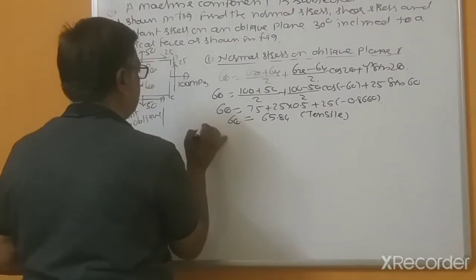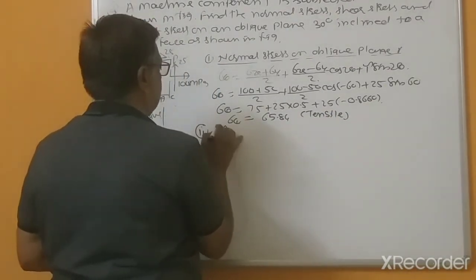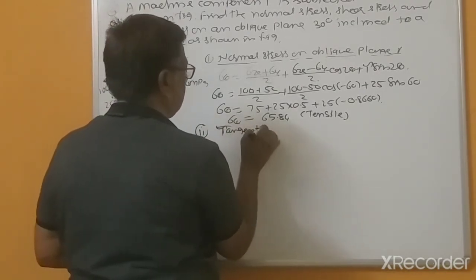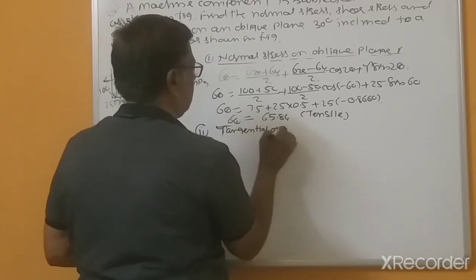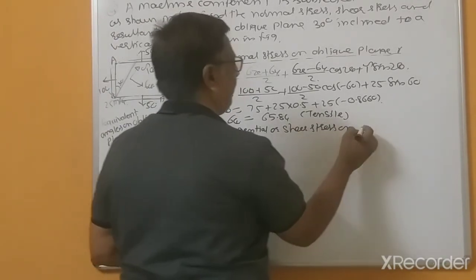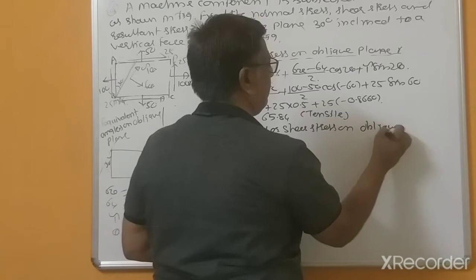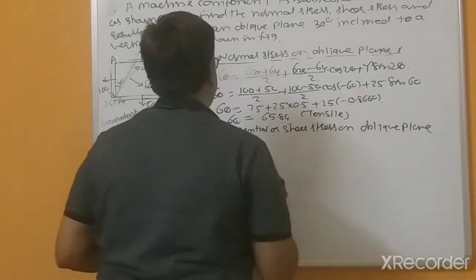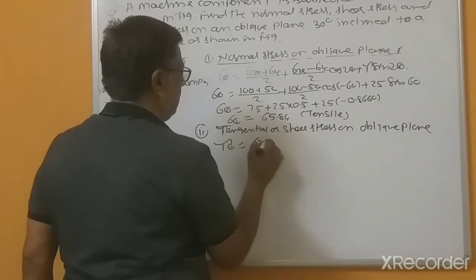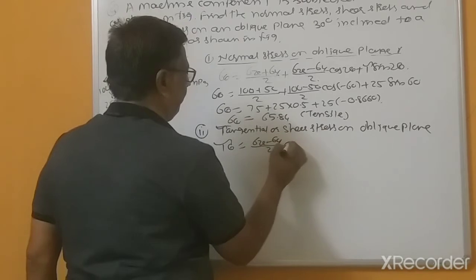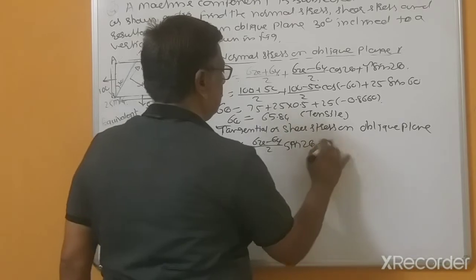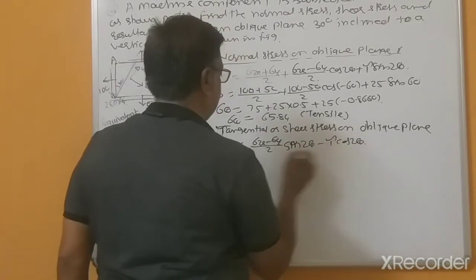And second, the tangential or shear stress on the oblique plane. What is the formula? Tau theta equals sigma x minus sigma y divided by 2, sine 2 theta, minus tau cos 2 theta.